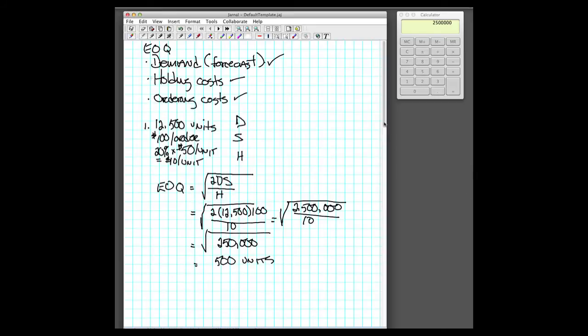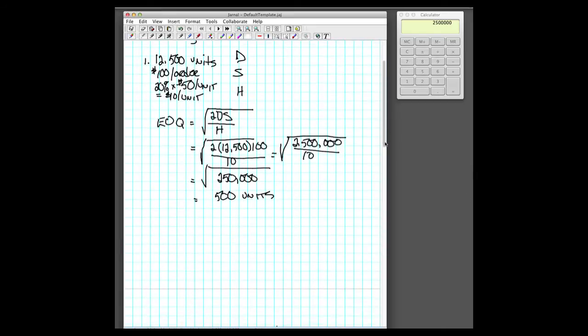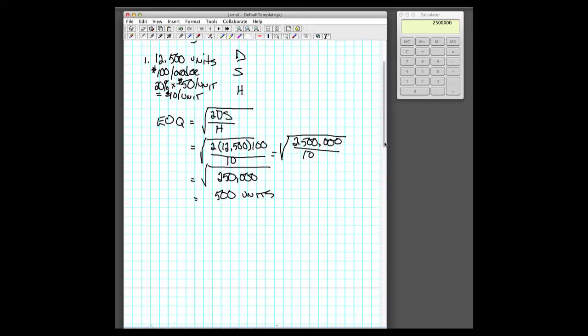Now, once we have that, it allows us to begin to think of what our ordering process is going to be. And the problem asks us in the second part to calculate how many orders, if we follow that EOQ, we will make per year.